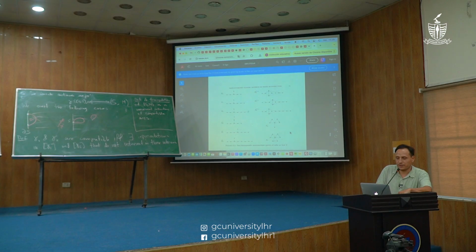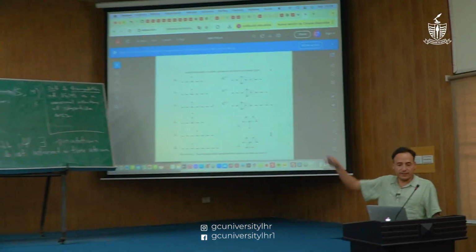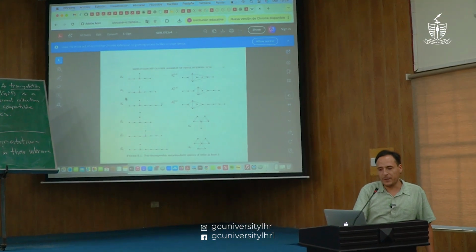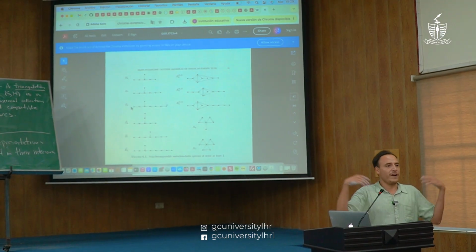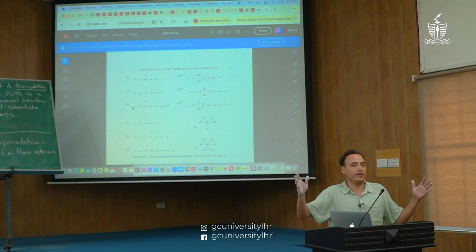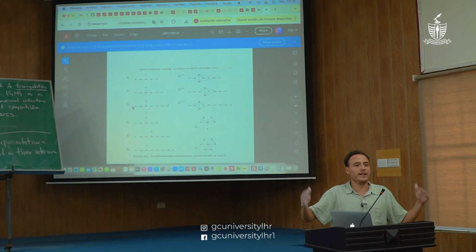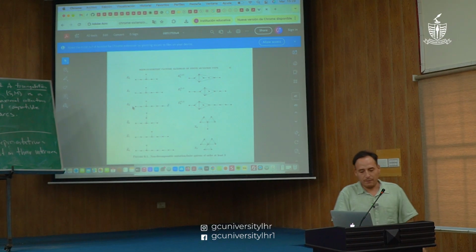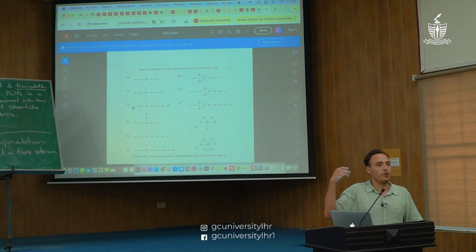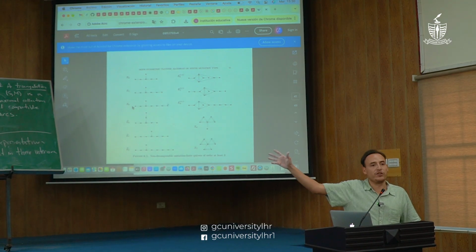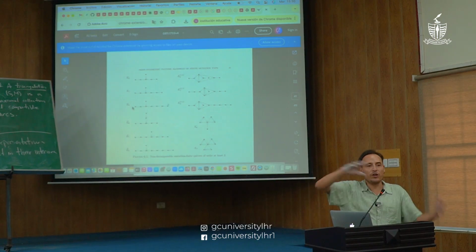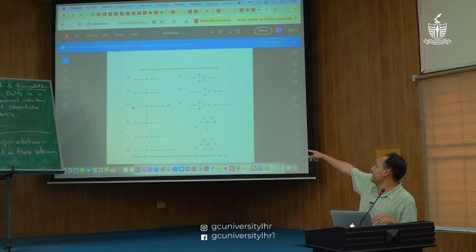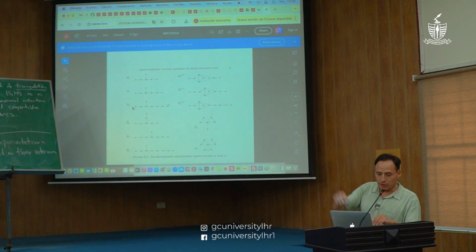These are the exceptions. So there are 11 exceptions. These, for example, E6, E7, E8 are of finite type. In particular, they are of finite mutation type. But they cannot be obtained by a triangulation of a surface. You cannot construct a surface such that this is the mutable part of the triangulation.